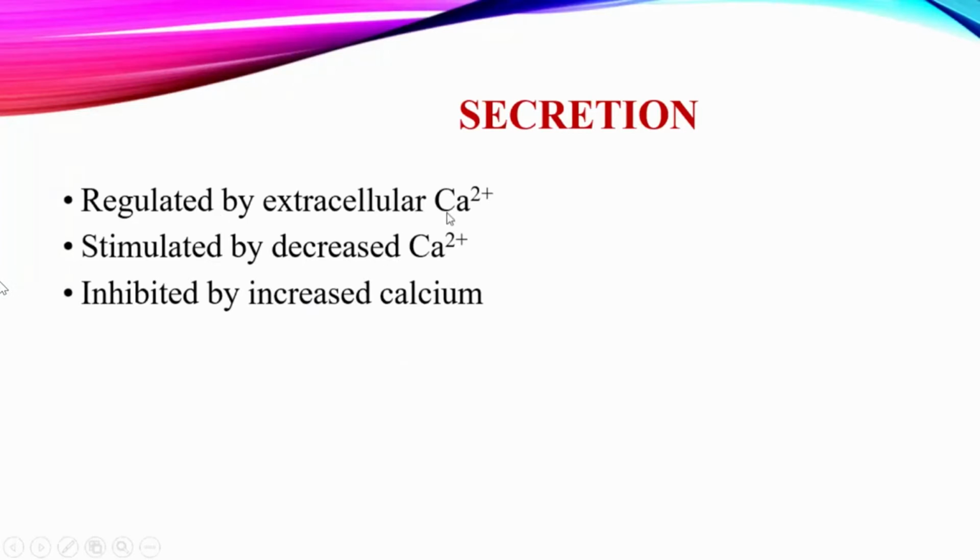The secretion of parathyroid hormone from the parathyroid gland is regulated by extracellular calcium. That means the calcium present in the extracellular fluid, that is, in the plasma. A low level of calcium in the plasma stimulates the secretion of parathyroid hormone from the parathyroid gland, and a high concentration of calcium in the serum inhibits it.